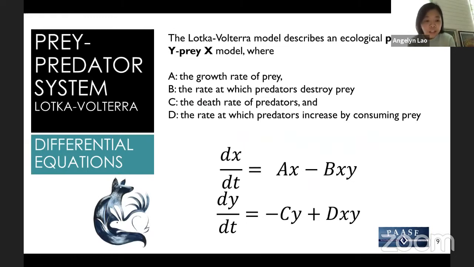So you have here the parameters representing the growth rate of prey, the rate at which predators destroy prey, the death rate of predators, and the rate at which predators increase by consuming prey. So the first equation represents the change in the prey's population given by its own growth minus the rate at which it's preyed upon. Whereas the second equation expresses the change in the predator population as growth fueled by the food supply minus the natural death.